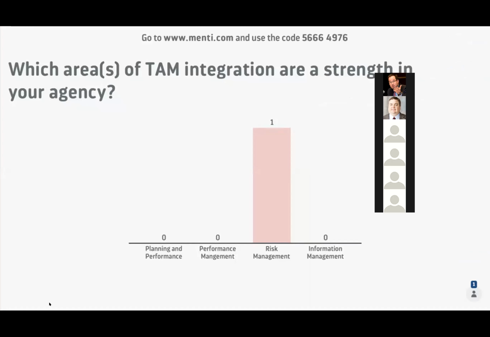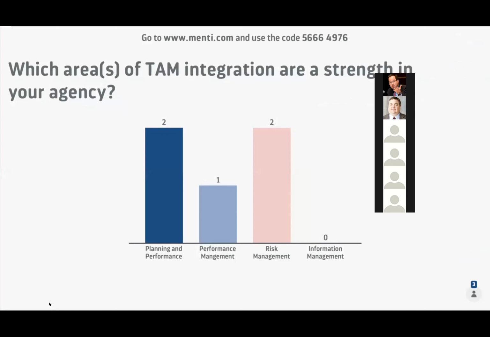And so there's a number of different areas there. So is your TAMP or your TAM processes well integrated with planning and programming, with performance management? There'll be performance management parts of your TAM processes. Are those well integrated with other performance management aspects?